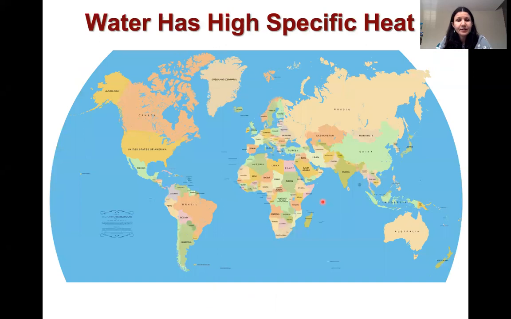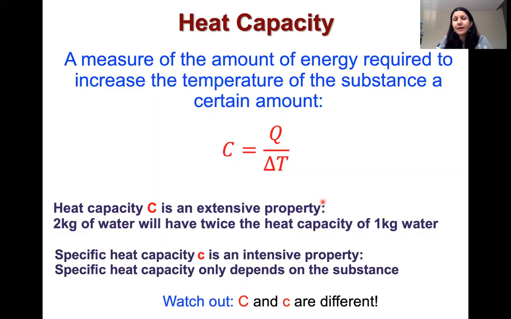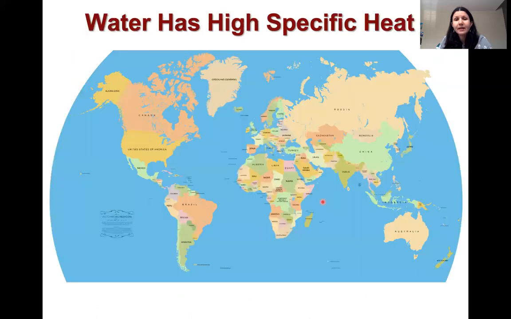Okay, so here are some kind of implications of heat capacity or specific heat. So water, for example, has very high specific heat. What does that mean? That means, again, if we go back, you need to add a lot of energy to water to change its temperature. Now, land doesn't have as high of a specific heat.